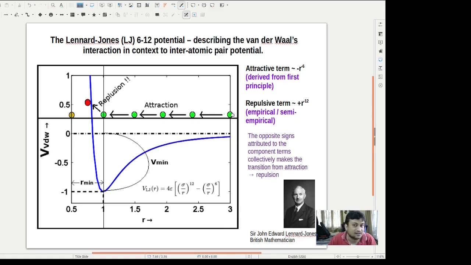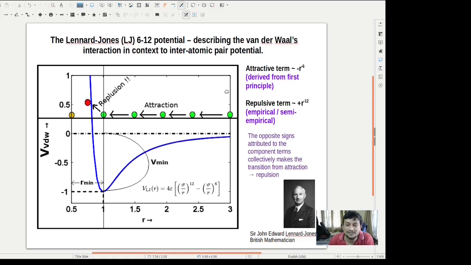Now if we place one hydrogen atom on the leftmost of the coordinate frame here and bring the other atom close gradually, then what would be the nature of the potential described by the equation called the Lennard-Jones equation? It is the potential formulated for Van der Waals interaction and Van der Waals force. As you can see, there is a repulsive component which has a plus sign and an attractive component which has a minus sign. The attractive component varies inversely with the sixth power of the distance, and the repulsive term varies inversely with the 12th power.